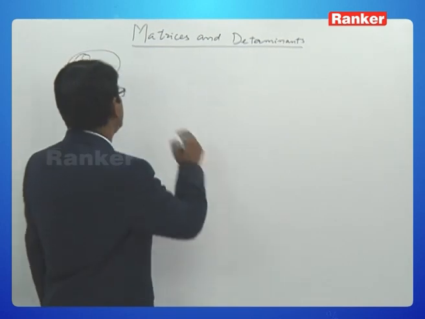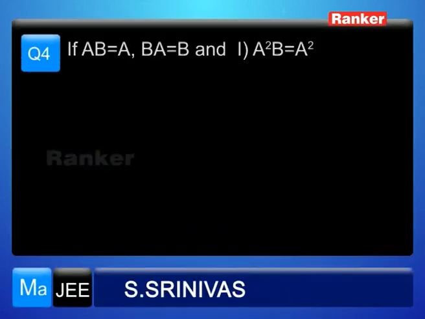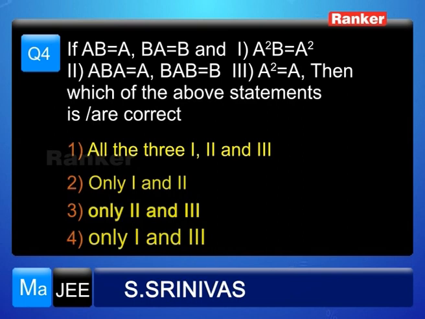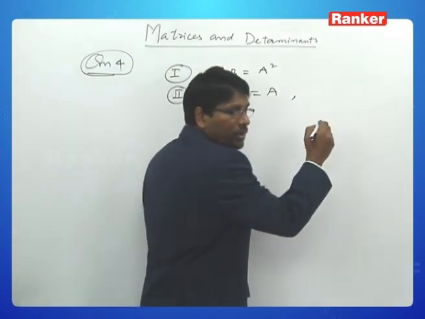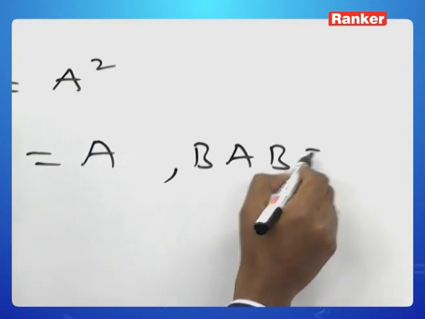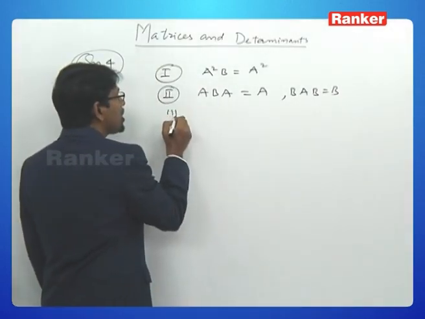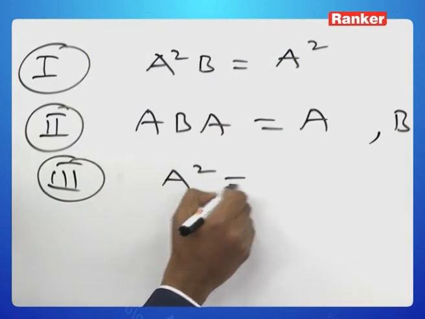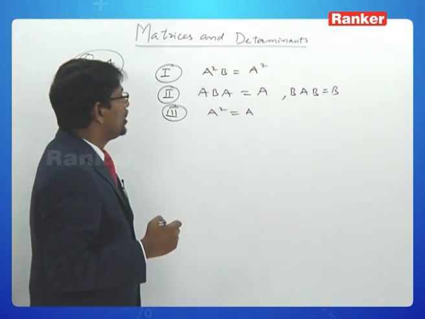Let's move to question number 4. If AB is equal to A and BA is equal to B, then we have 3 statements. First statement reads A square B is equal to A square. Second statement reads ABA is equal to A, BAB is equal to B. Third statement says A square is equal to A. Now what are we given?